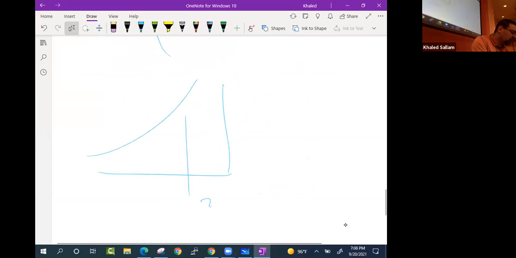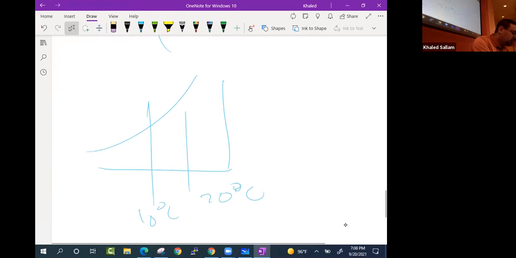So I can come here at 20 degrees C, and I come here at 10 degrees C. That's the wet bulb, right? Wet bulb temperature. And this is the dry bulb. And so if I go like this on the constant H line, then I will hit number, that's 1.